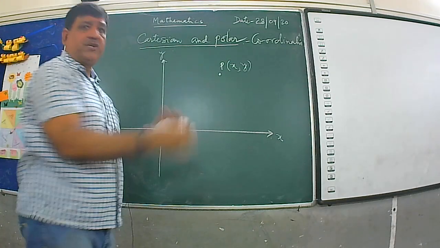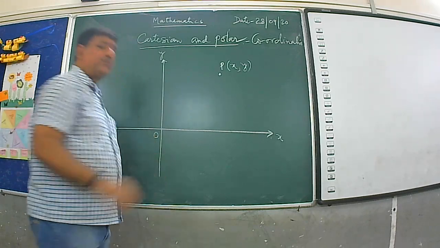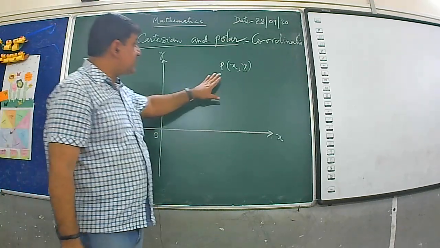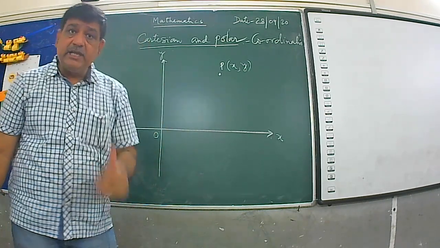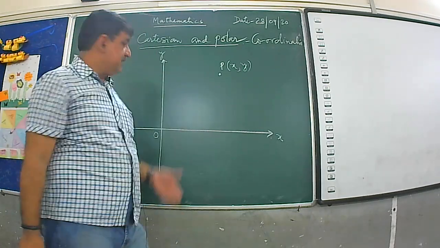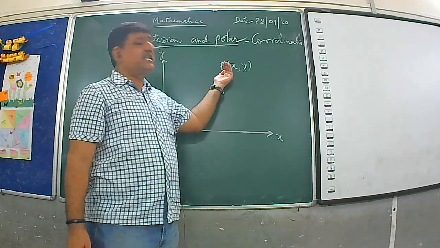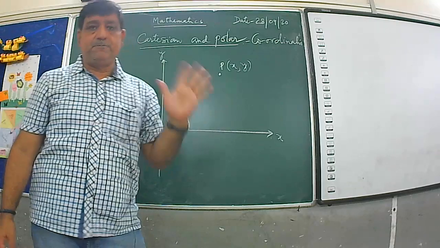This is the frame of reference, and this one is origin O. Now, if the coordinates of point P be x comma y, to reach point P, we have a method: first you travel along x-axis, then travel along y-axis, you will reach point P.